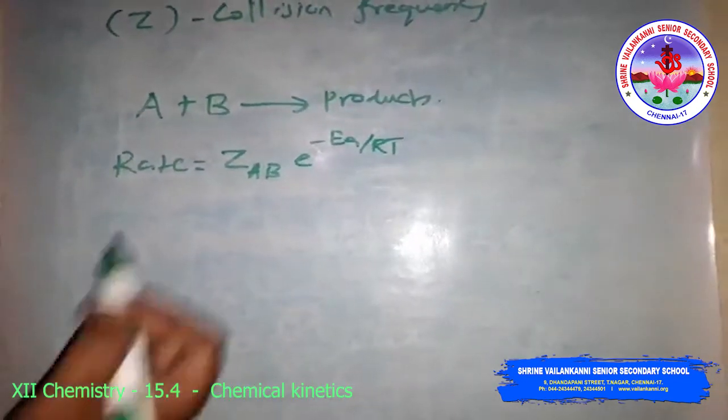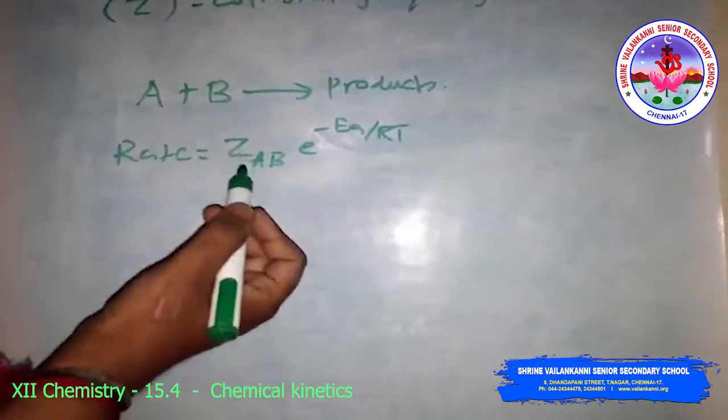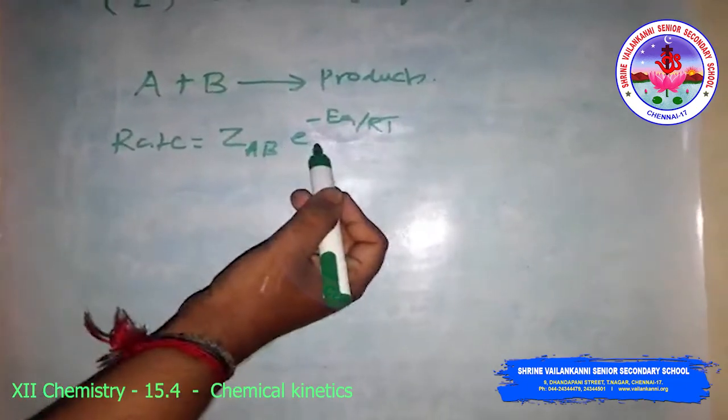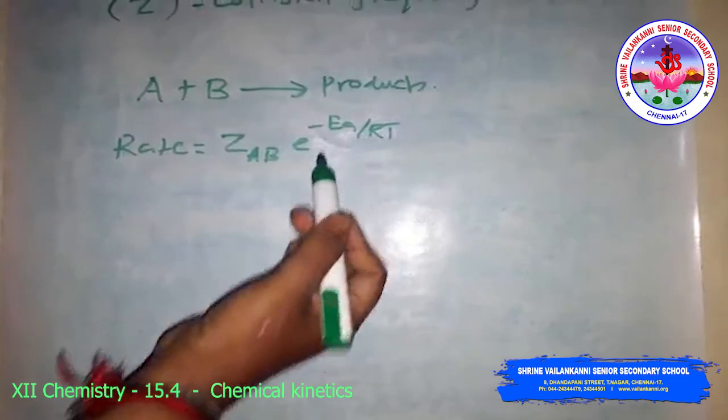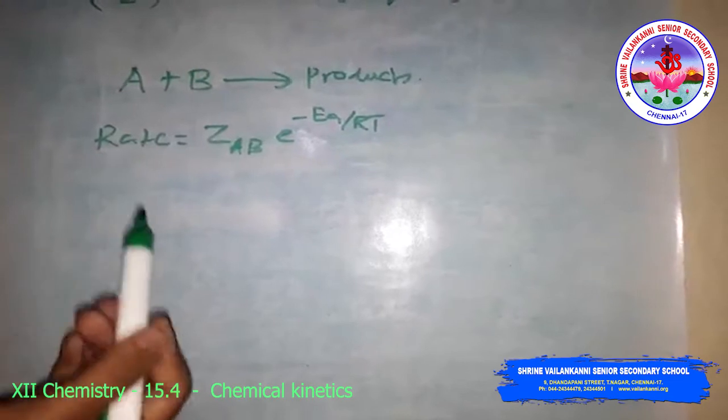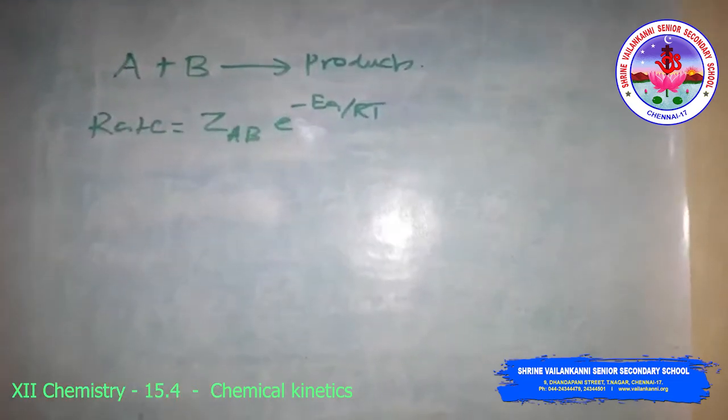Here Z_AB represents the collision frequency of the reactants A and B, and the exponential factor, minus Ea by RT, represents the fraction of molecules with energy equal to or greater than the activation energy.